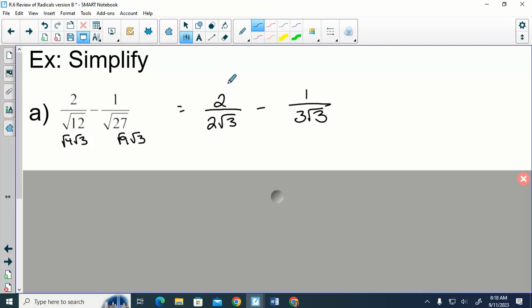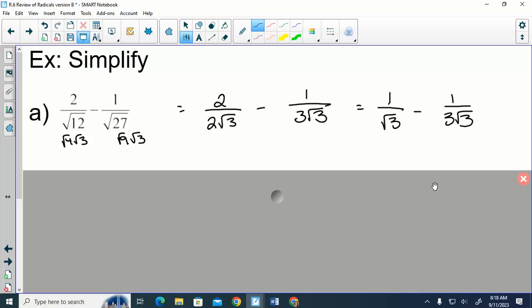What happens with those 2's? Okay, so we've reduced our radicals. Now we still need common denominator and get the radical off the bottom. Let's do the common denominator first.